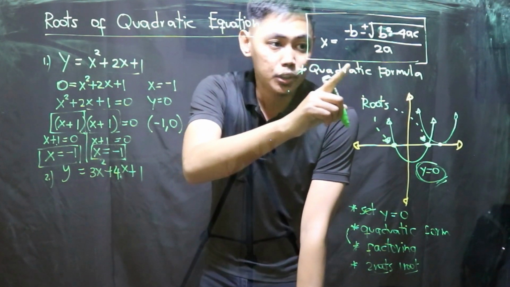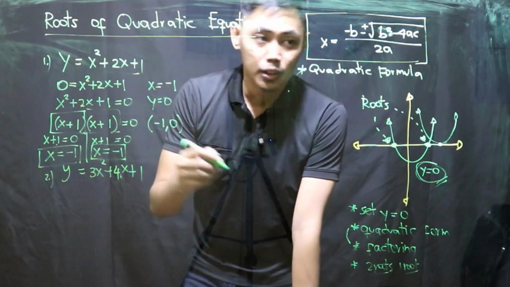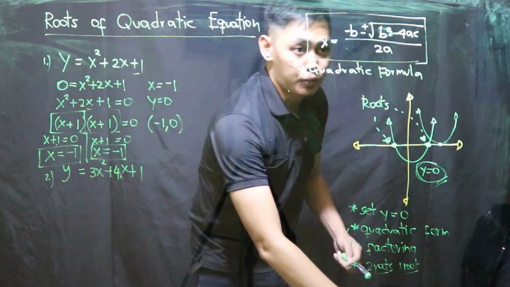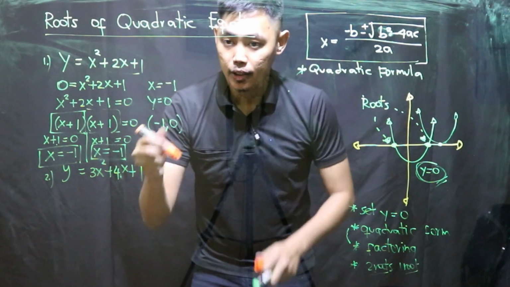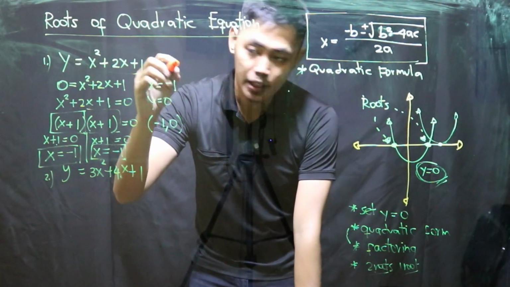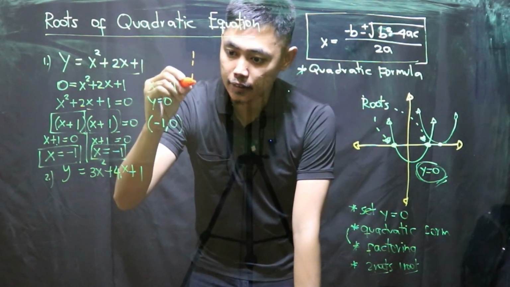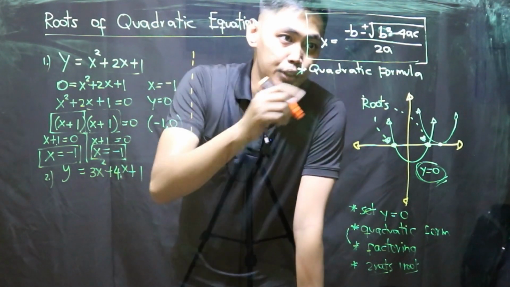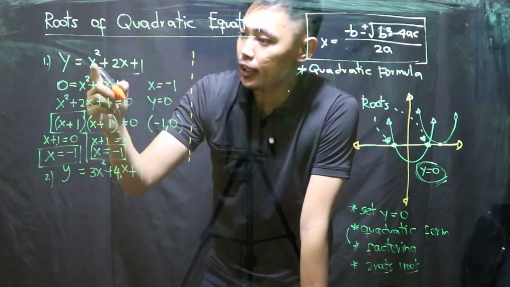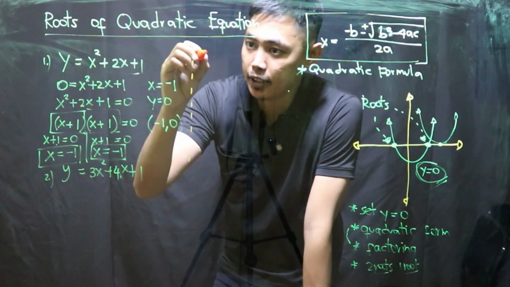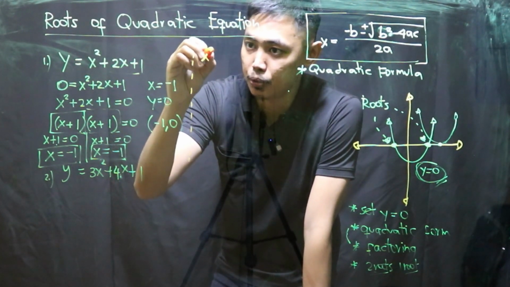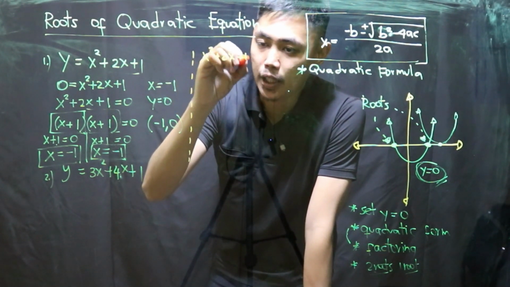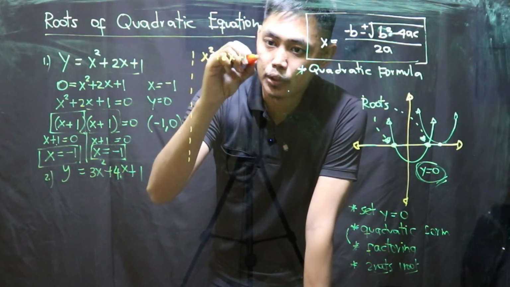How about if we use the quadratic formula? Using the quadratic formula is just really easy. So what you will need to do is set y equal to 0. So this becomes x squared plus 2x plus 1 is equal to 0.